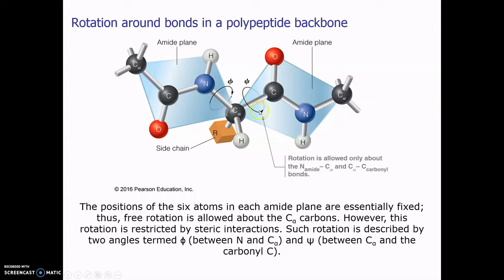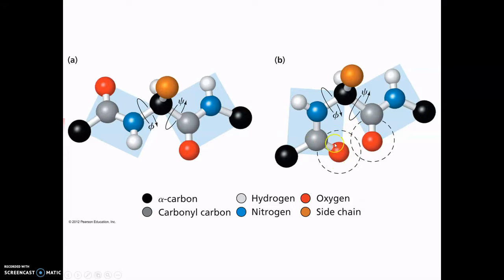The fact that we have such limited flexibility allows us to name these particular bond rotations. So again, we'll go to the Greek alphabet, and we'll call this the phi angle, and we'll call this the psi angle. And there are particular angles at which rotation results in a collision.